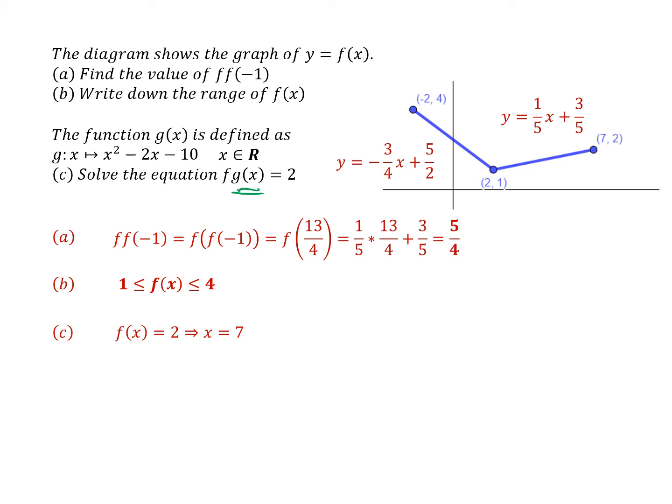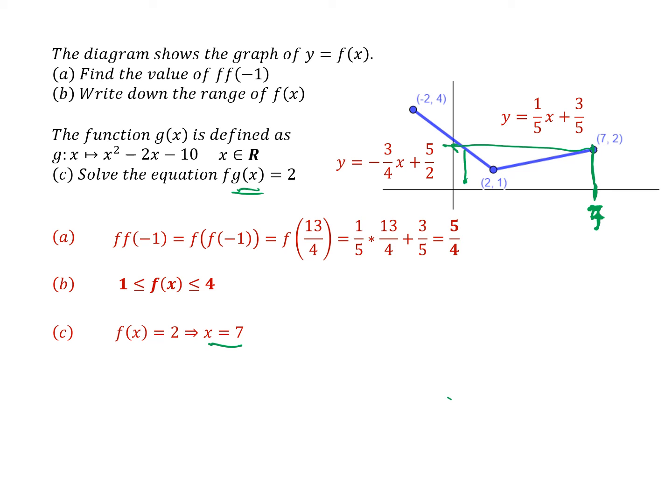Well, we can see one example here. This is a value of x of 7, and f of 7 is 2. So when we say f of x equals 2, then the x could be 7.